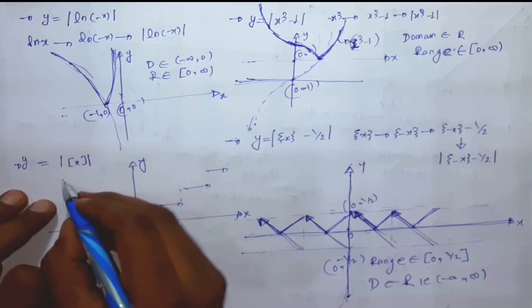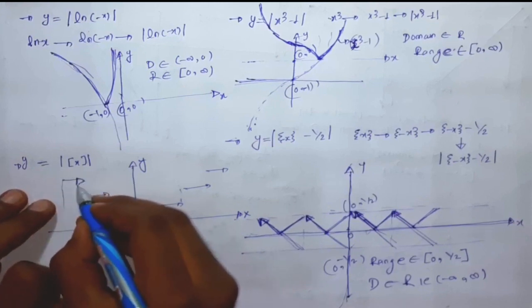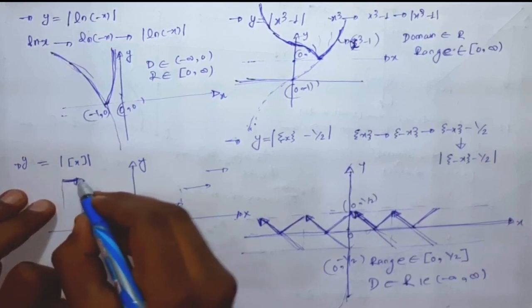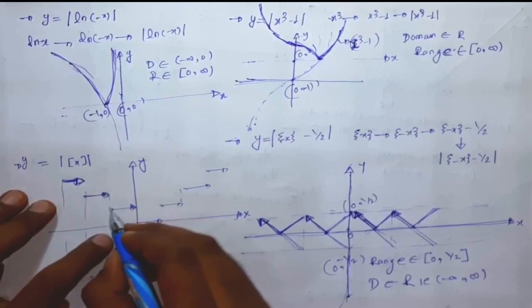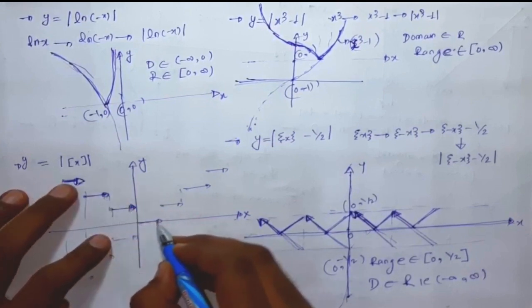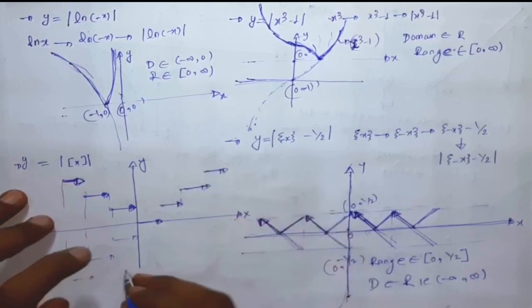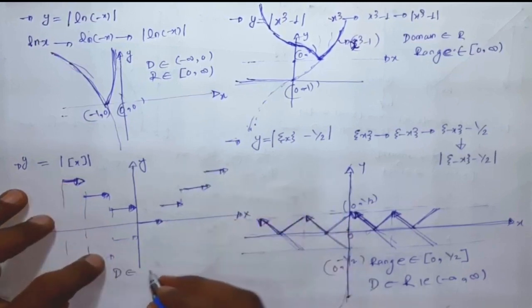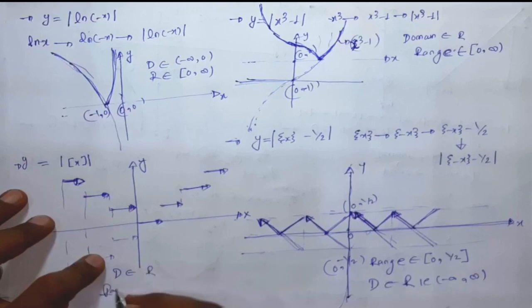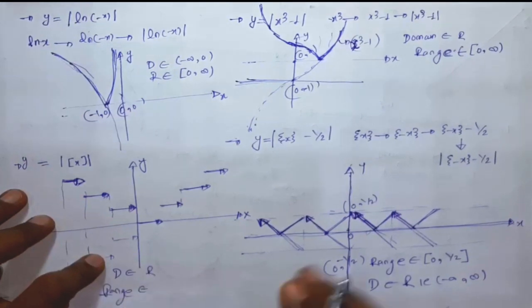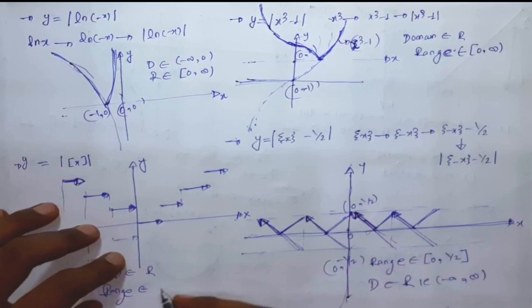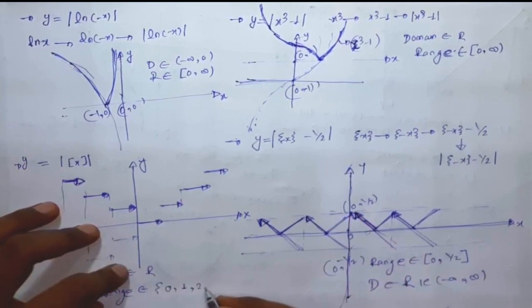So this is the final graph of our function. So the domain will be real and the range will be 0, 1, 2 and so on. All the integer values from 0 to infinity.